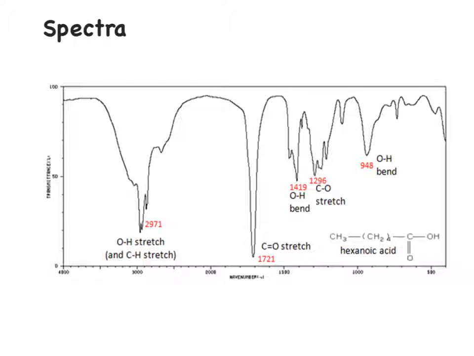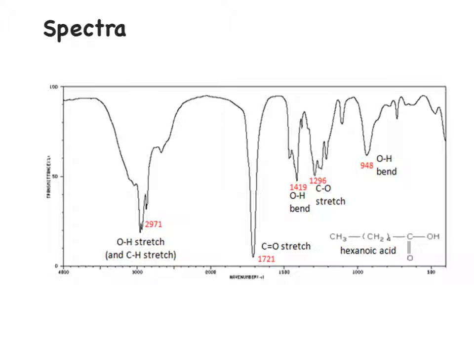The further the peak comes down, we would refer to it as a stronger peak. So if it's only halfway down, it is not as strong as, let's say, the 1721 peak, the C double bond O stretch. We can see it almost reaches 100% transmittance, so that goes all the way down. But that is only a narrow peak compared to the other one.